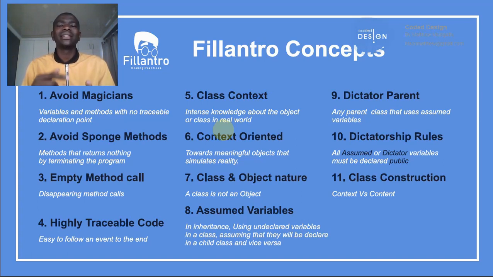So there is a relationship between a parent and a child, of course. In object-oriented programming, you are able in a parent class to use variables, using the this keyword, which are not declared in that parent class, assuming that the child that will inherit from that class will declare that variable.